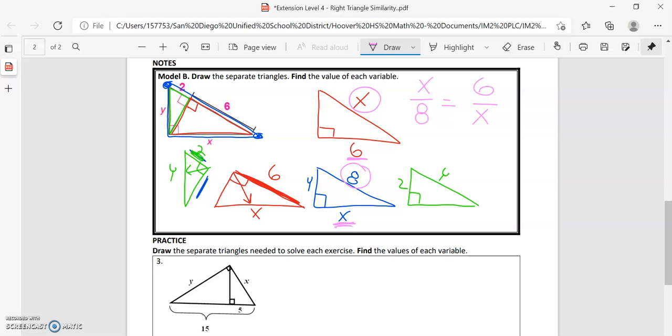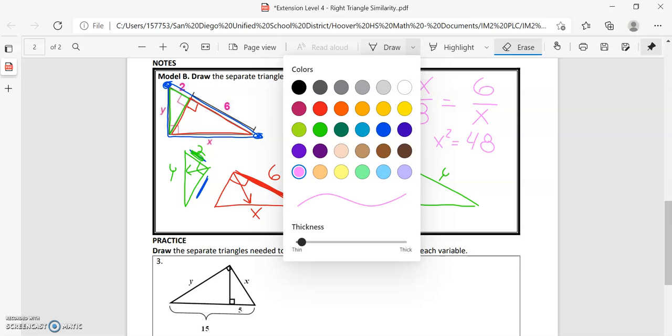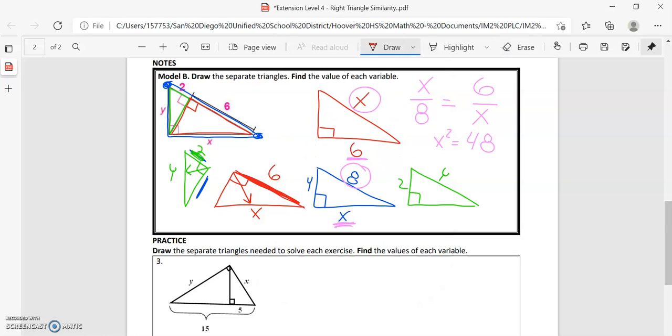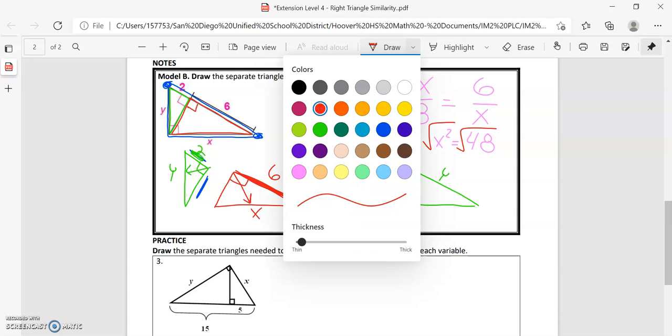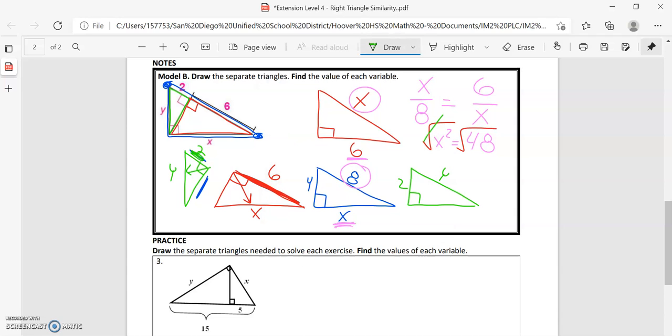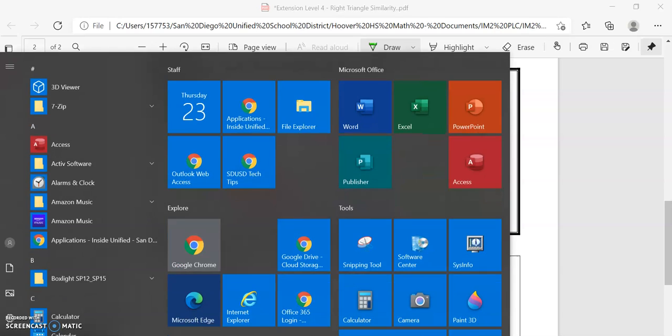Cross multiply, we get x squared equals 48. Now you probably forgot some of this algebra. To get rid of a squared, we need to square root both sides. Square root, square root. That cancels off our squared sign. So we're left with x equals the square root of 48.